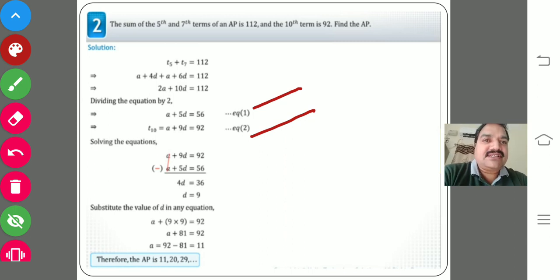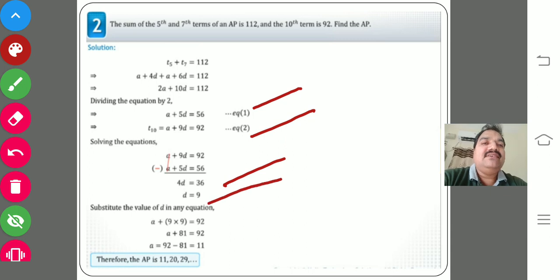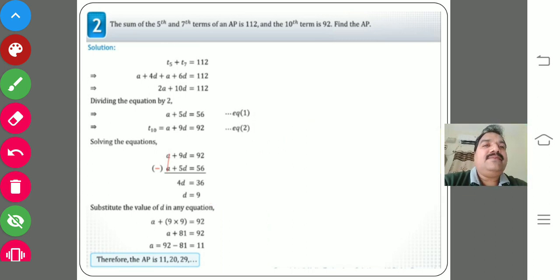The first equation is A plus 5D and the next equation is A plus 9D. If you subtract one from the other, A minus A cancels, 9D minus 5D is 4D, and 92 minus 56 is 36. The 4 comes to this side, 36 by 4 is 9. Now the D value is 9. Now substitute into any equation, equation 1 or equation 2.